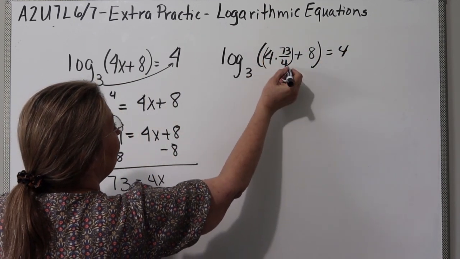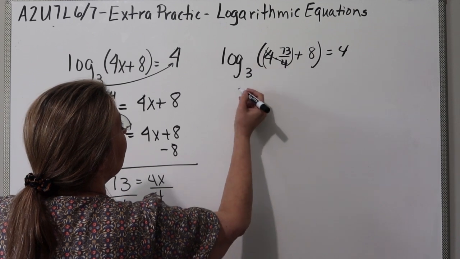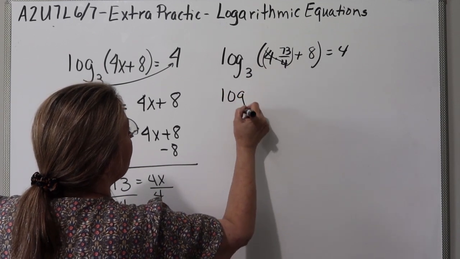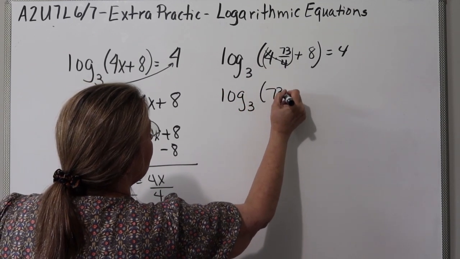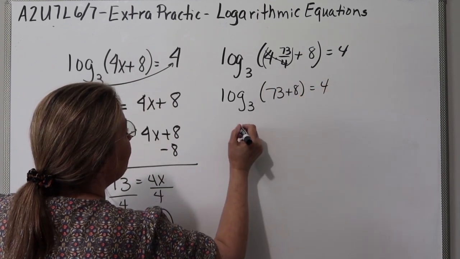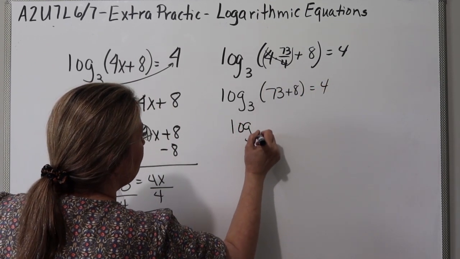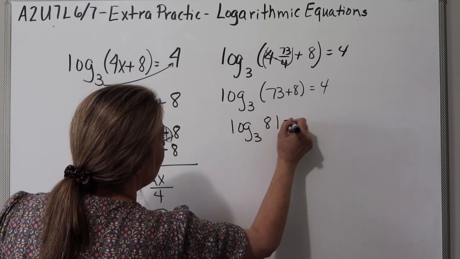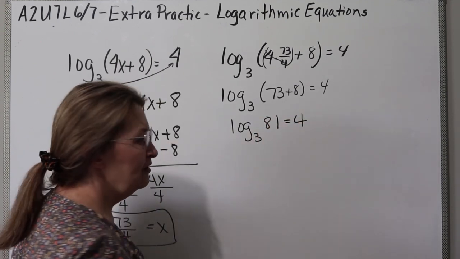Then 4 times 73 over 4 is log base 3 of 73 plus 8. 73 plus 8 is 81, so now I have log base 3 of 81 equals 4. Now, how do you check that?